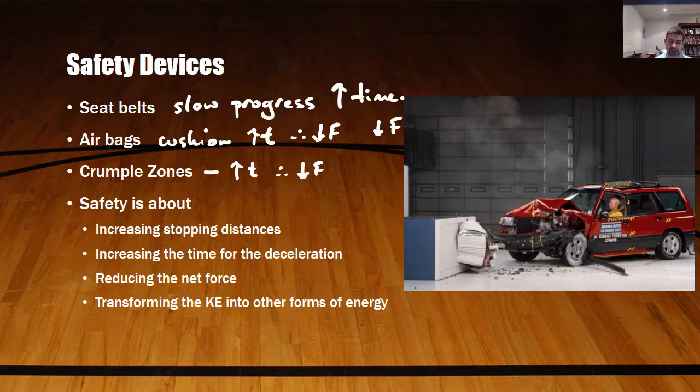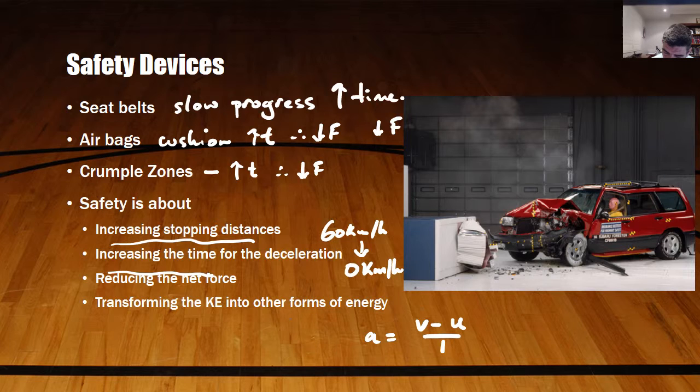So the main thing we're after is to increase the stopping distance, to increase the time for that deceleration from, say, 60 kilometers per hour to 0. In doing that, we reduce the net force because what we're looking at is acceleration is equal to (v − u)/t. That's one of our important equations.